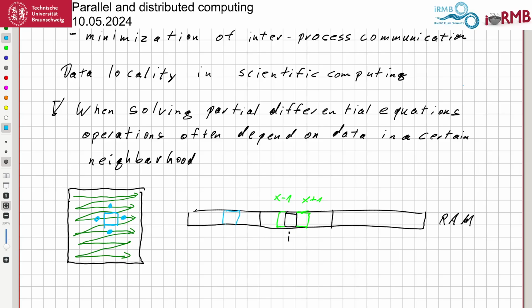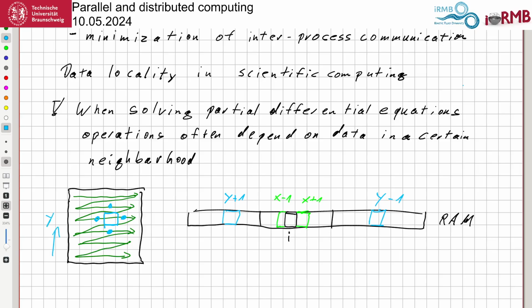So this is, say, the position x plus 1 and x minus 1, and the data for y minus 1, and let's say this is y plus 1. Depending on where you put your coordinates, this is the y direction.